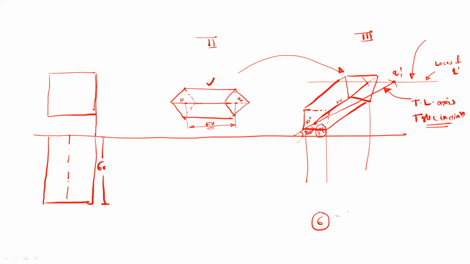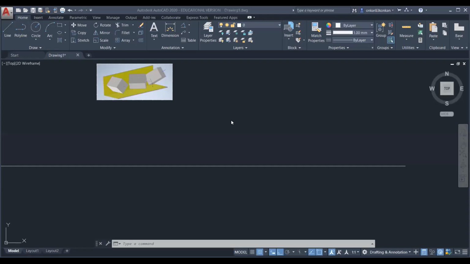So let us see how to draw on a drawing paper. I hope you have understood this. For the first stage, we will start from the front view.